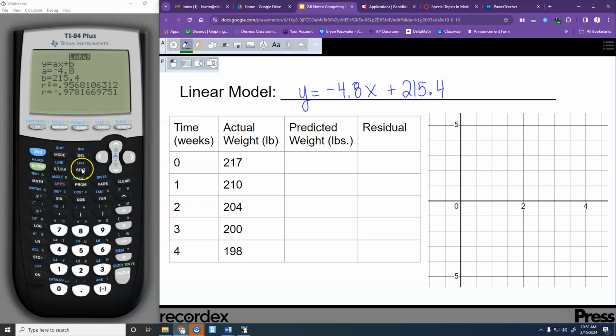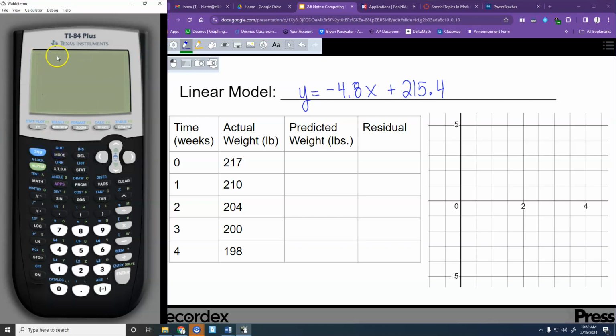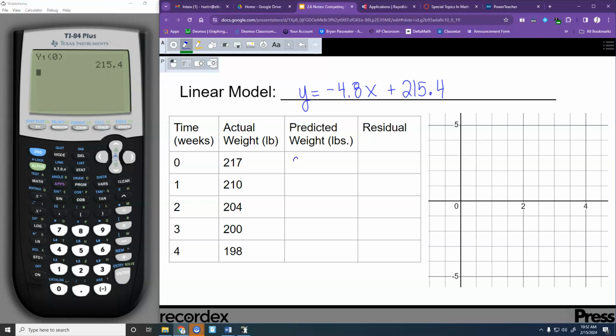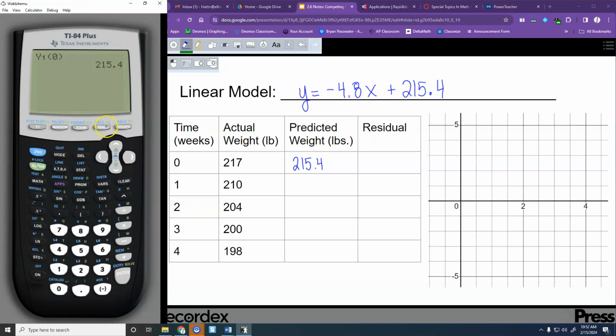Now we would just plug the numbers in for x. And remember, there is a pretty quick way to do this. We can just do alpha trace Y1 of 0, and it'll plug that number in for us. I guess we should have known that was 215.4. So 215.4, and then we can do the same thing of 1.